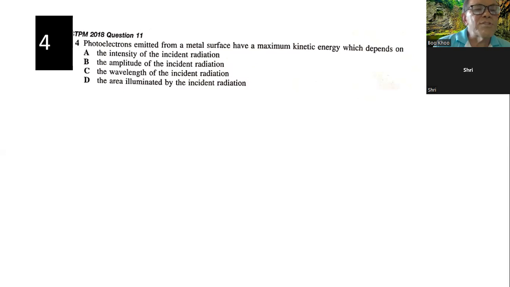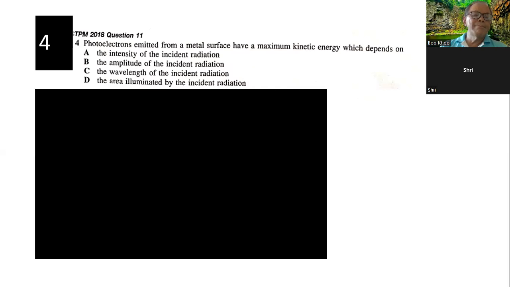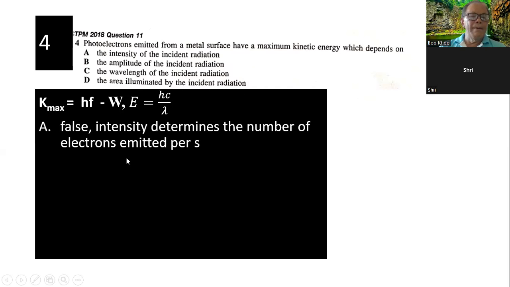Okay, photoelectrons emitted from metal surface have a maximum kinetic energy, which depends on C. Okay, good. We are just using that equation, that's all. Right? Instead of that one, we can use this one. Intensity determines the number of electrons emitted.